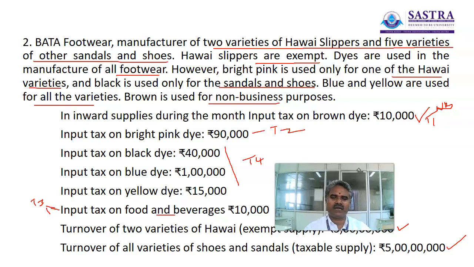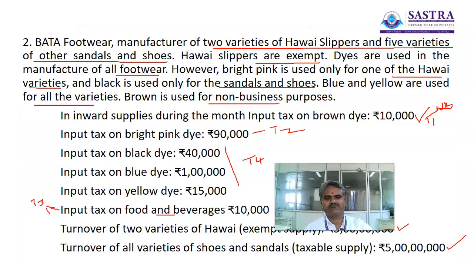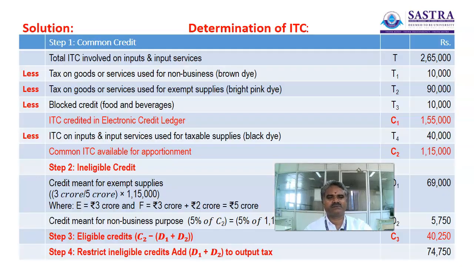So what is T? Add all, T will come. See the answer. Total ITC 2,65,000. You see: 10, 1 lakh, 140, 240, 250, 260, 2,65,000.